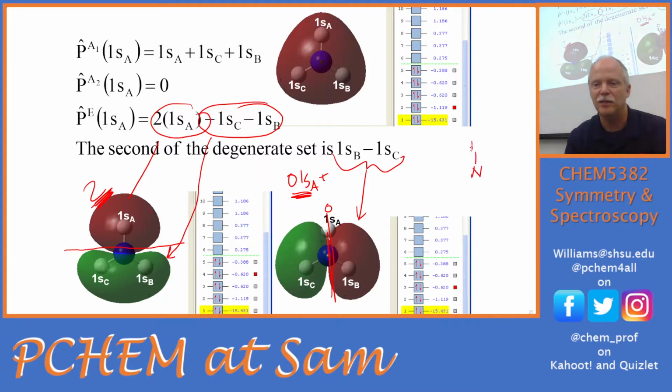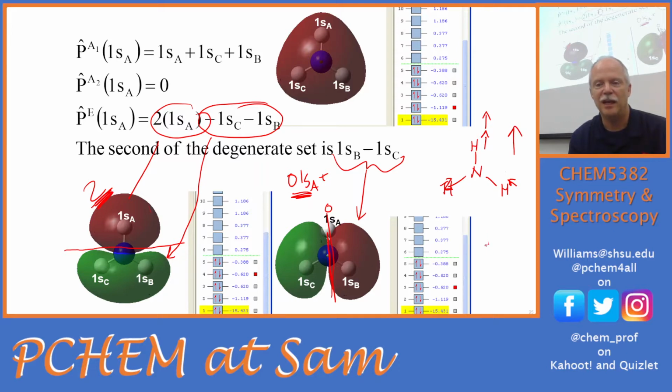Okay, so looking top down, we could have done the arrows in this projection operator, and we would have a twice as big arrow on this hydrogen, and a single arrow on this one, and a single arrow on that one. And so notice this motion is going up and down.